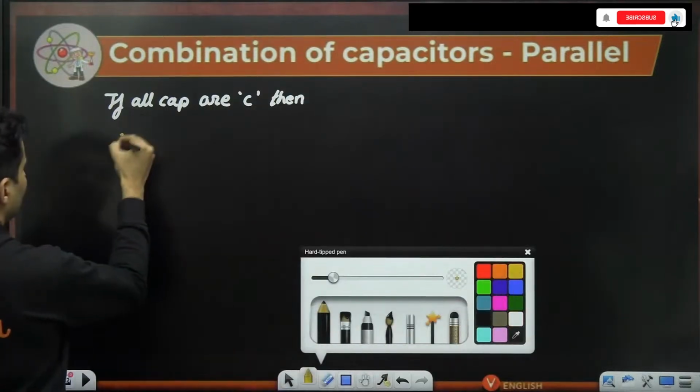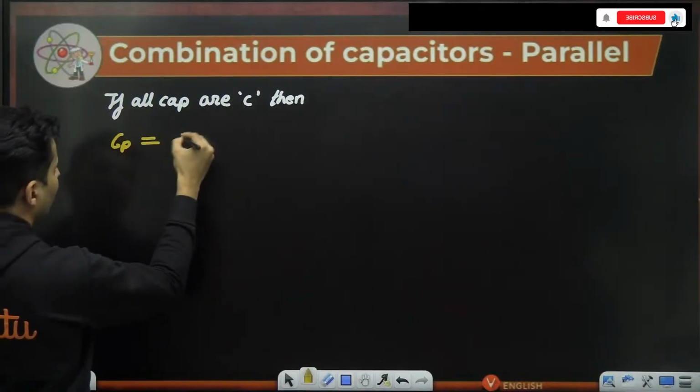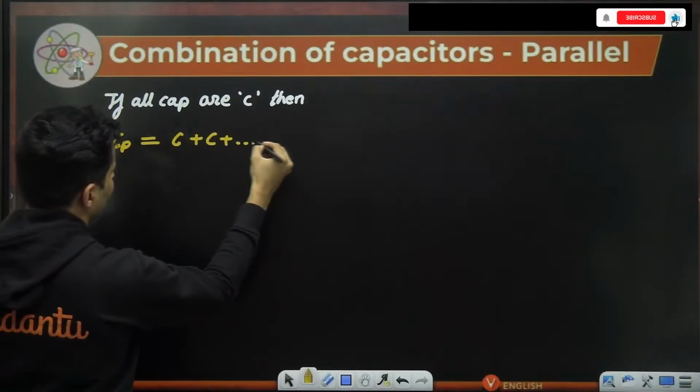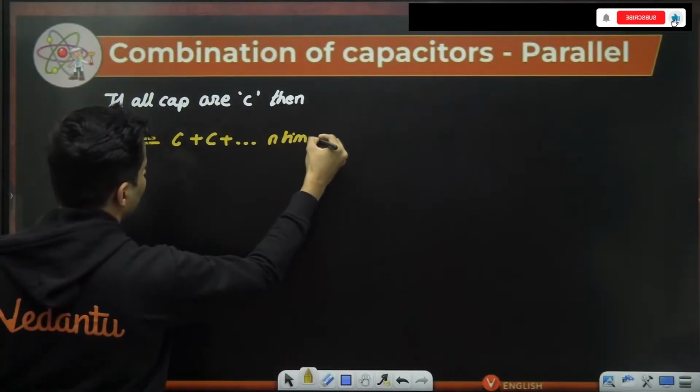Think about it. The net capacitance will be C plus C plus C, n number of times.